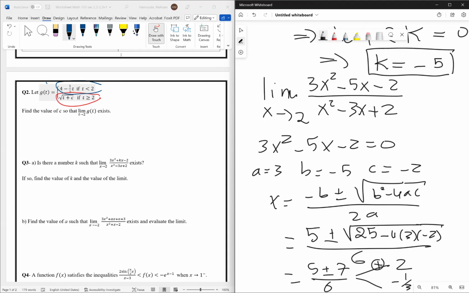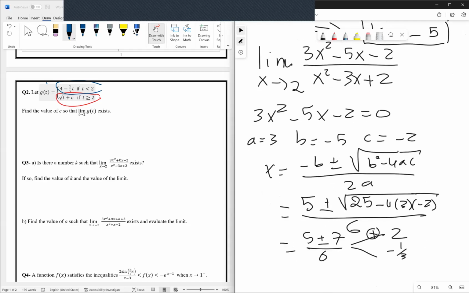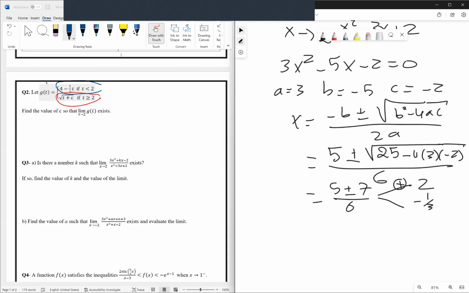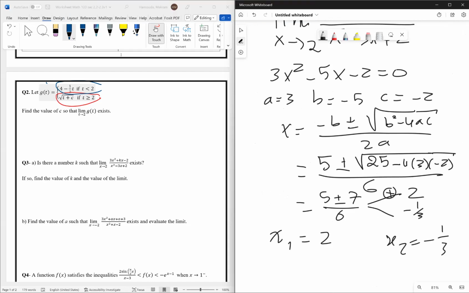Okay, so I have my two roots. By the way, I did it to show that when we have difficulty in factoring, we can use the solution of the quadratic equation using the delta. So I have my two solutions, x1 equal to 2 and x2 equal to minus 1 over 3.